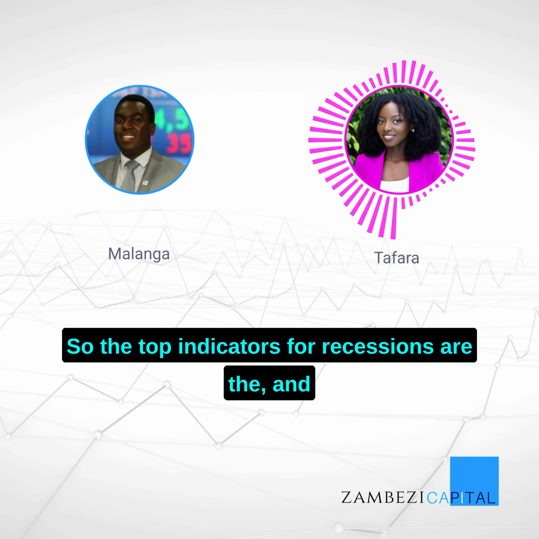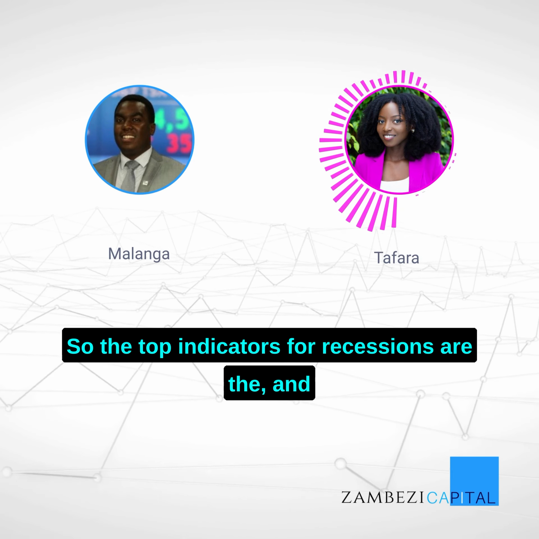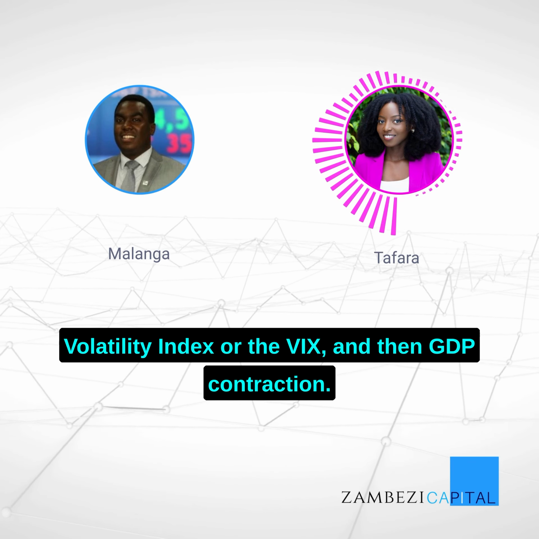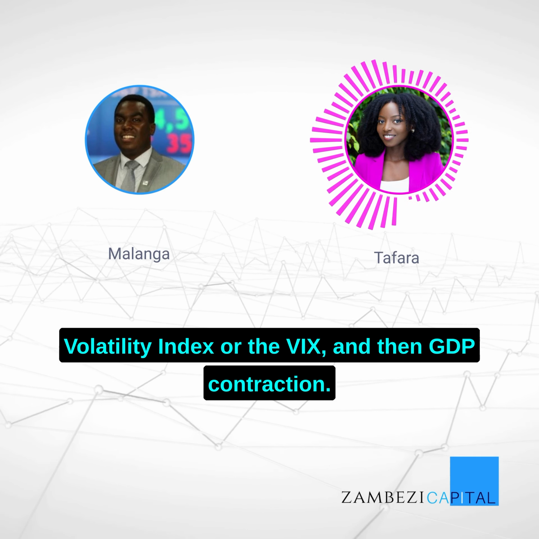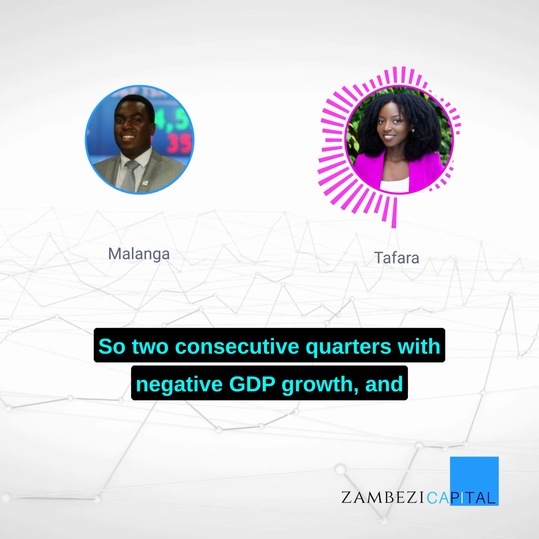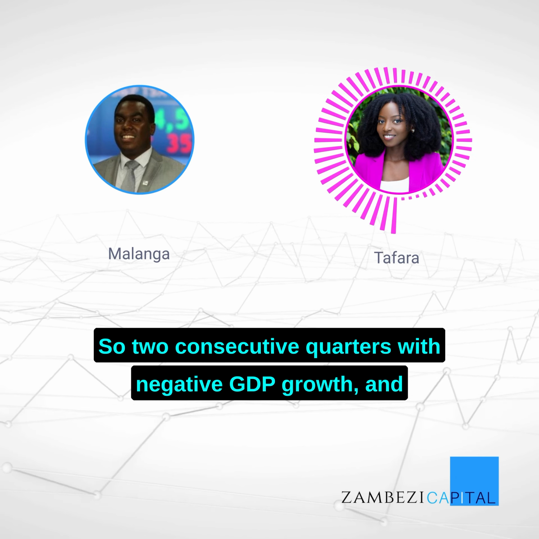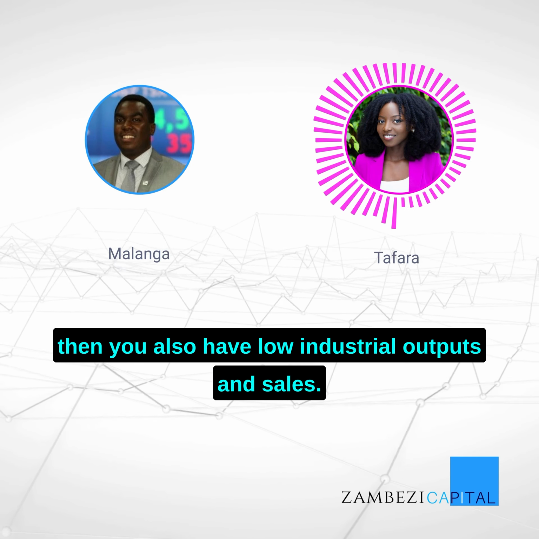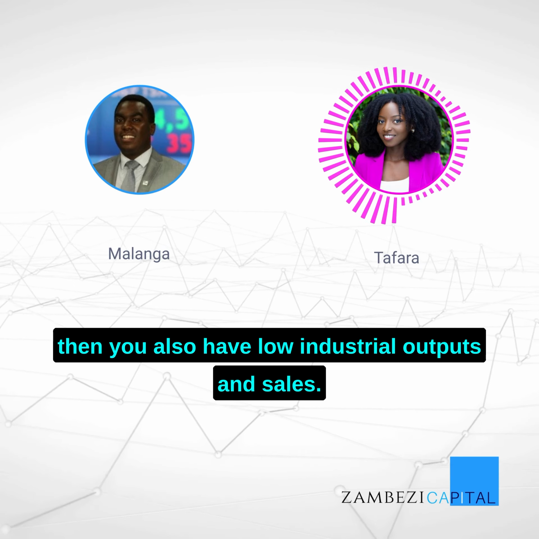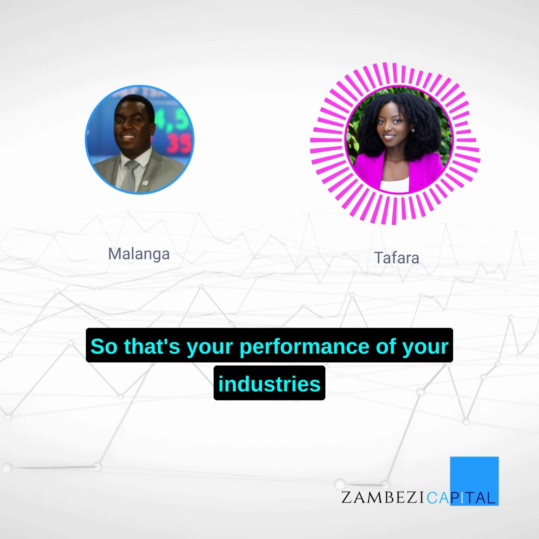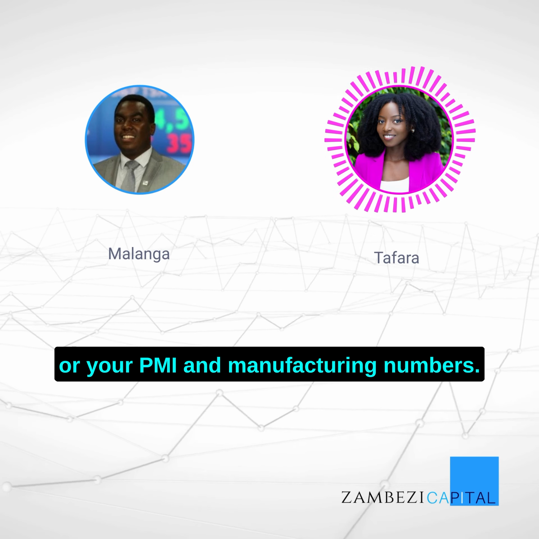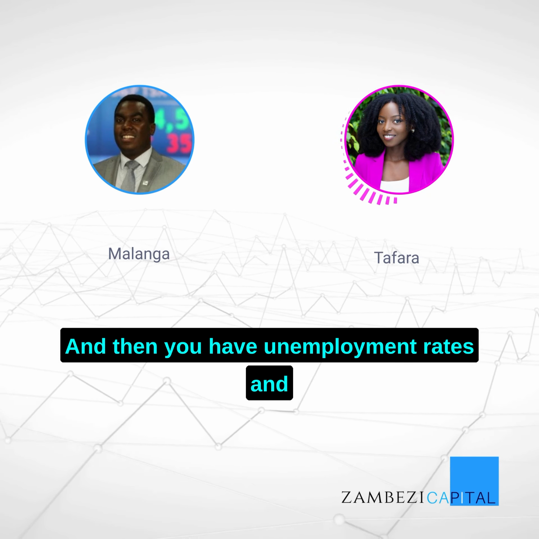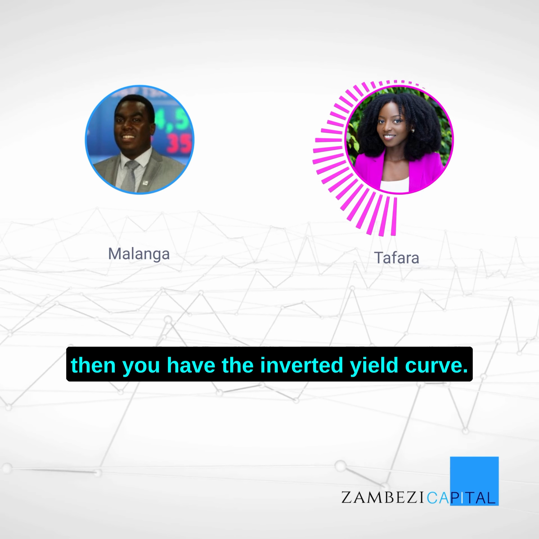The top indicators for recessions, specific to the US, are the volatility index, or the VIX, and then GDP contraction, so two consecutive quarters with negative GDP growth. And then you also have low industrial output and sales, so that's the performance of your industries, your PMI and manufacturing numbers. Then you have unemployment rates, and then you have the inverted yield curve.